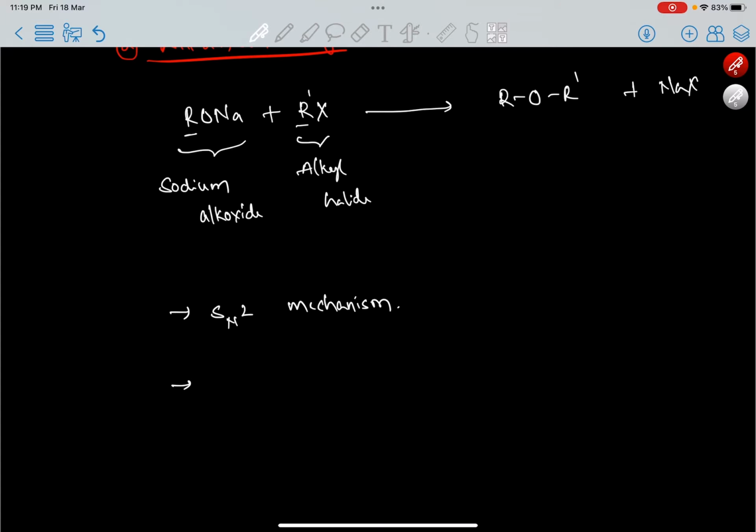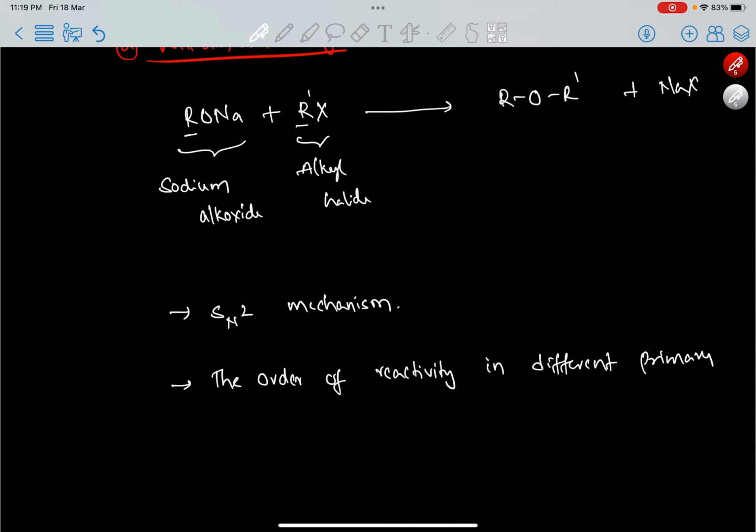Now suppose we have different primary alkyl halides. Let me write the order of reactivity in different primary halides.